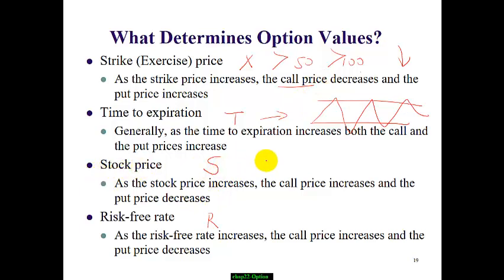Take the example of a call option and the stock price. If the stock price finishes at say 200 versus 100, it's easier to be greater than the strike, compared to, for example, a stock price of 80. So the higher the stock price finishes, the better, the more in the money you're going to be. Risk-free rate talks about opportunity cost. For example, for call price, if the option expires in 6 months, we could actually exercise 6 months later.